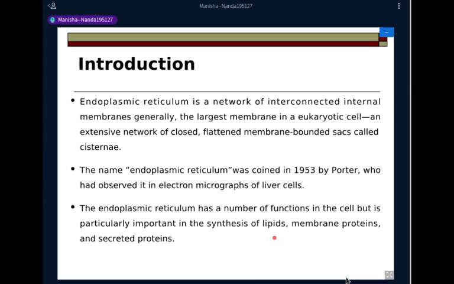So these are other functions performed by the endoplasmic reticulum, but it is particularly involved in synthesis of lipids, membrane proteins and secreted proteins.